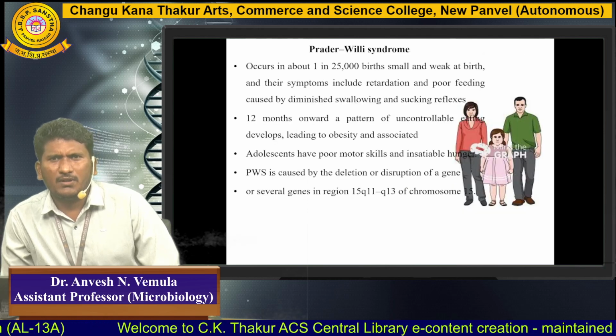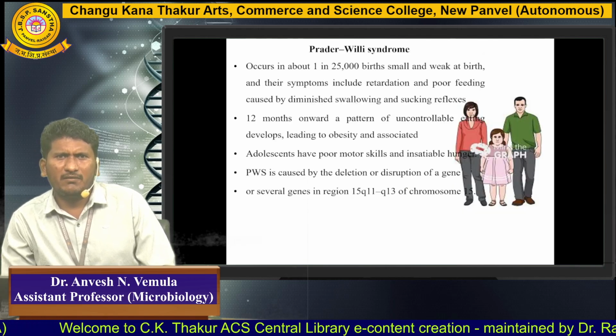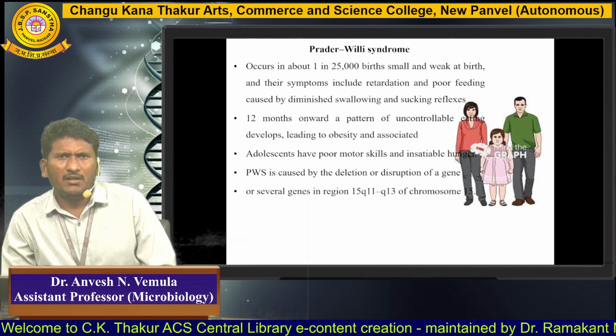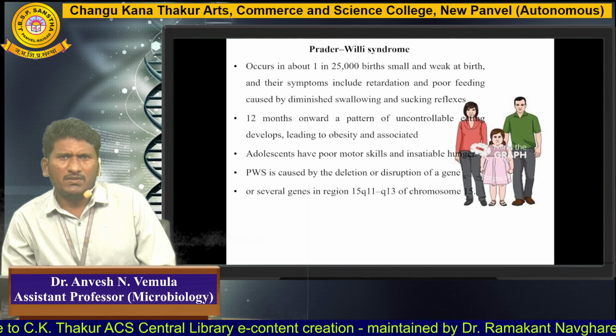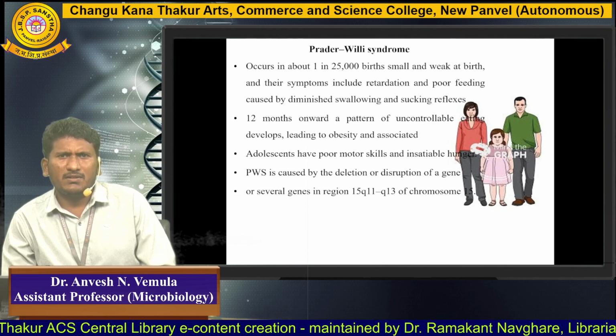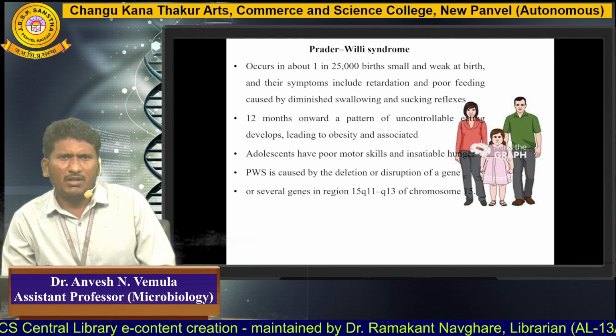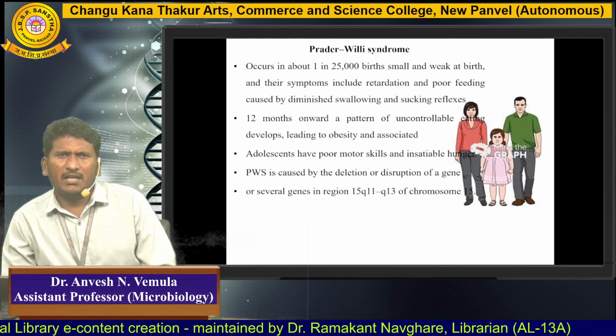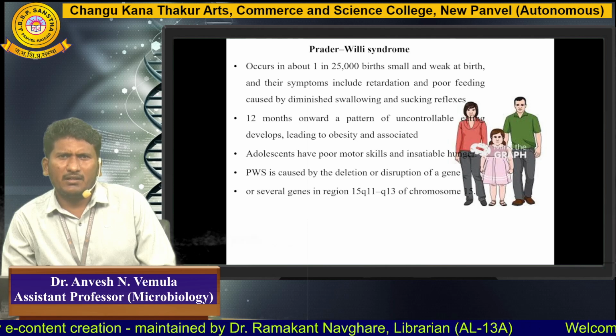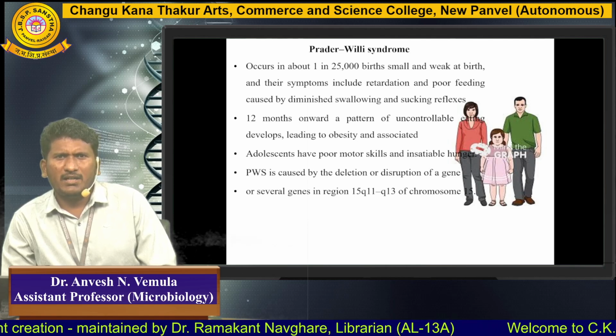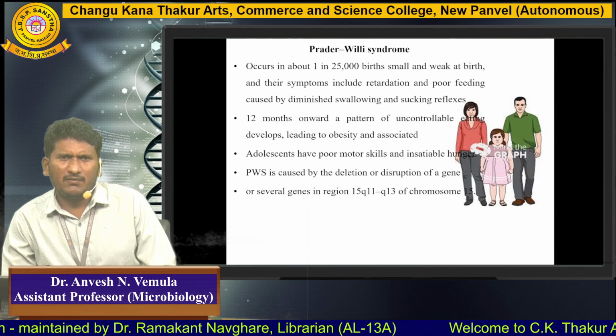The second type of genomic imprinting disorder is Prader-Willi syndrome, which occurs in 1 in 25,000 births. The babies are weak and small at birth, and have a variety of symptoms like retardation and poor feeding caused by diminished swallowing and sucking reflexes.